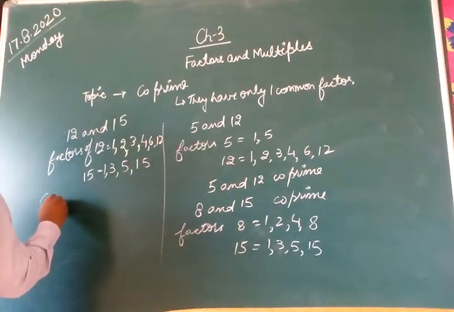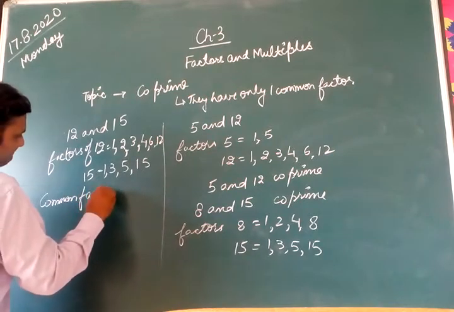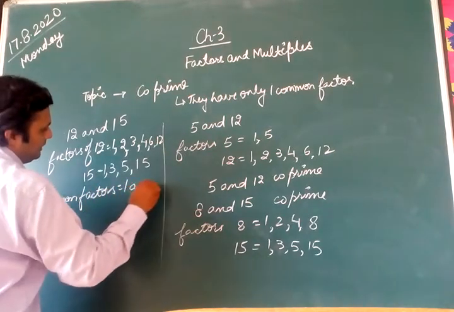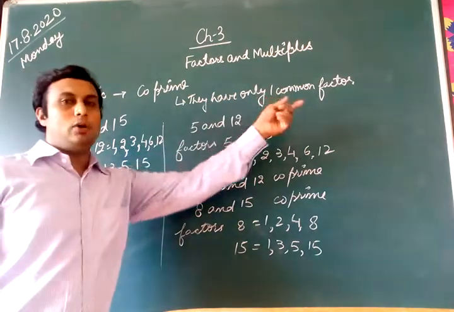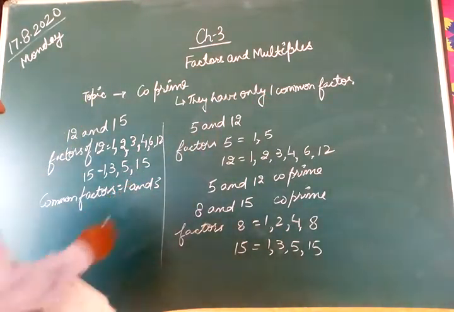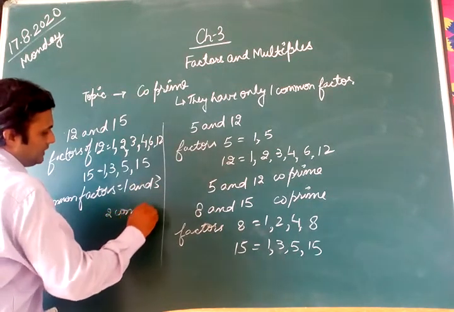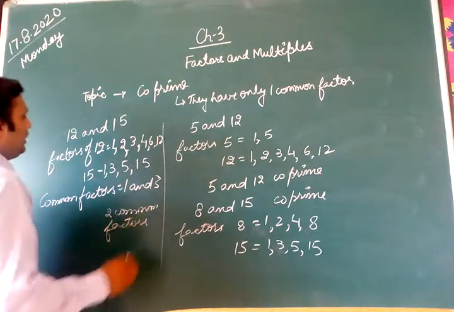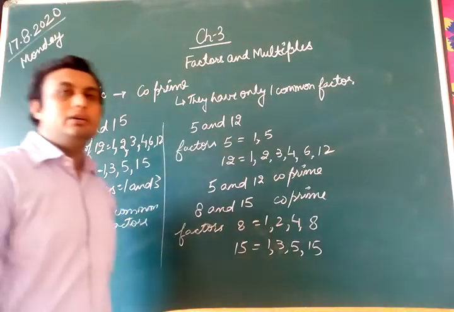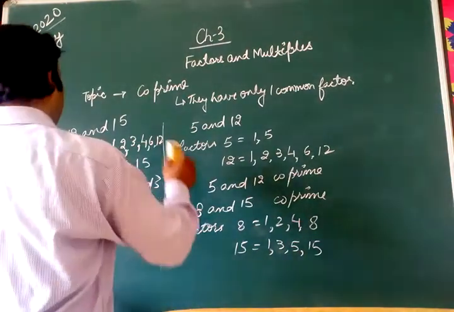Now the common factors are 1 and 3. Co-prime numbers have only one common factor. In this case, there are 2 common factors. So we cannot say that 12 and 15 are co-prime numbers.